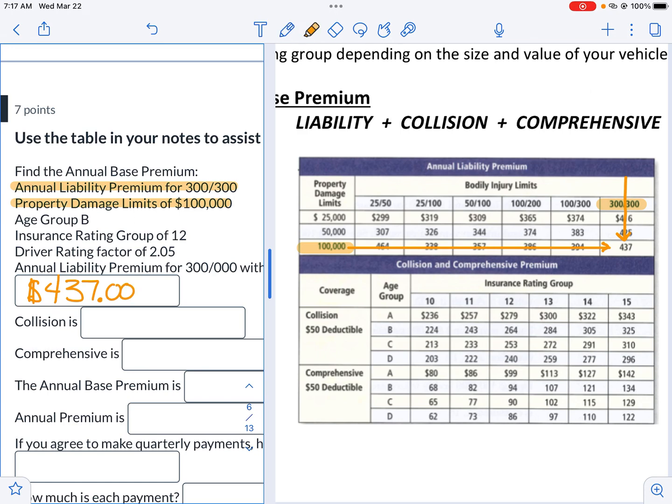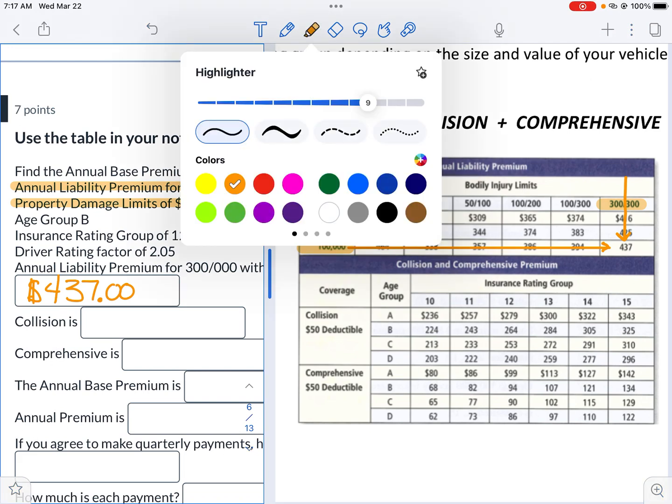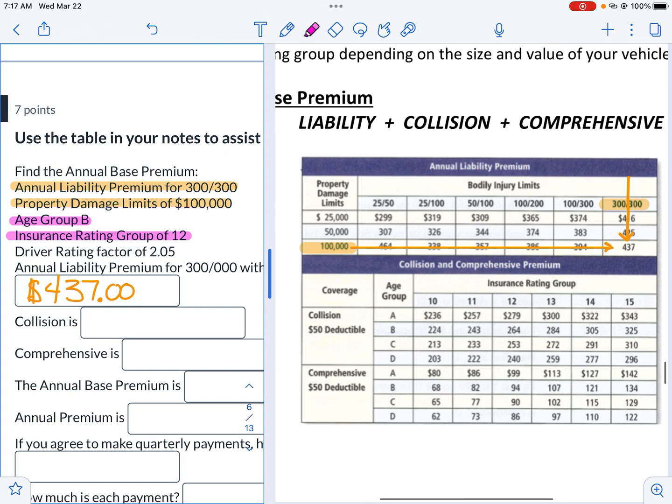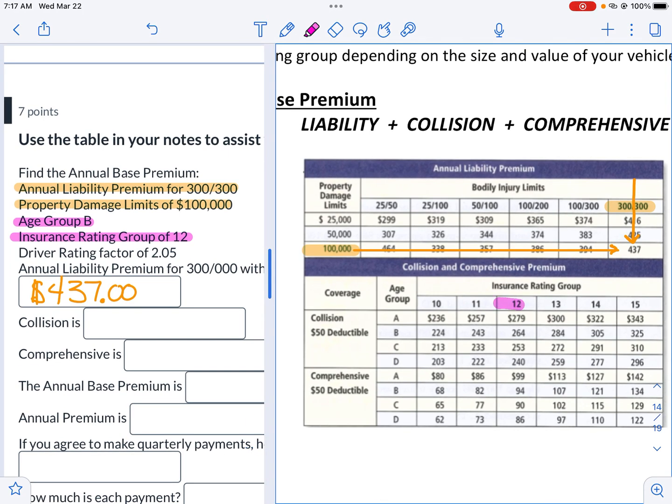Then it says that we are age group B, insurance rating group 12. So we want B12. So here is the 12, and there is a B here in the collision, and there is a B here in the comprehensive.